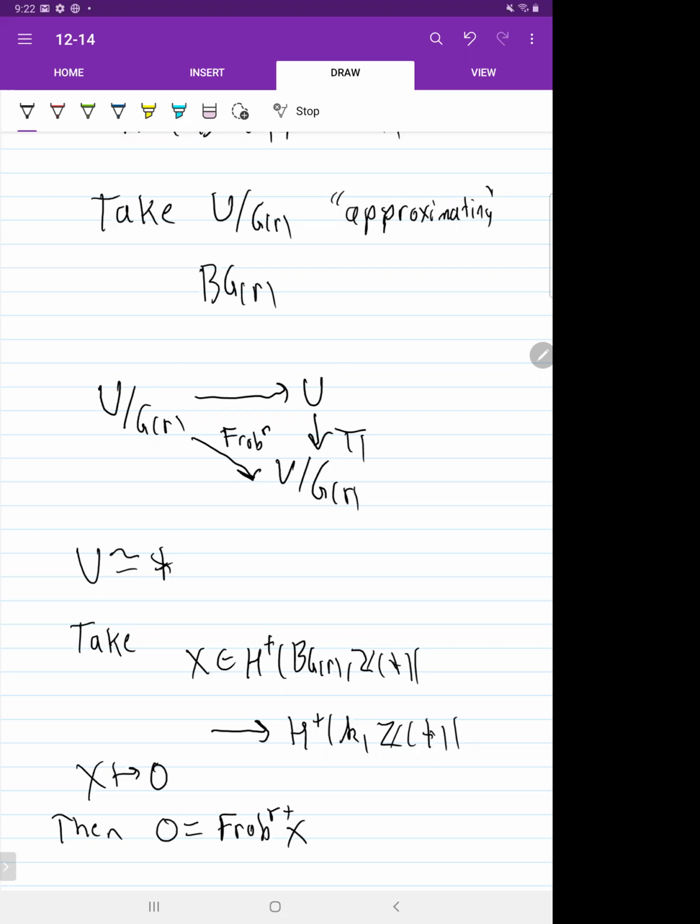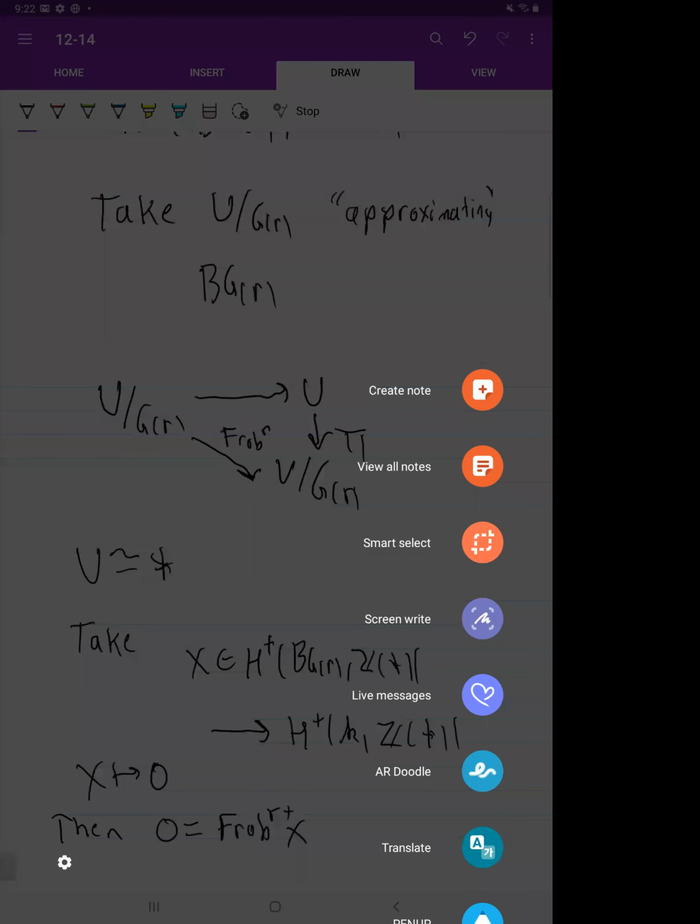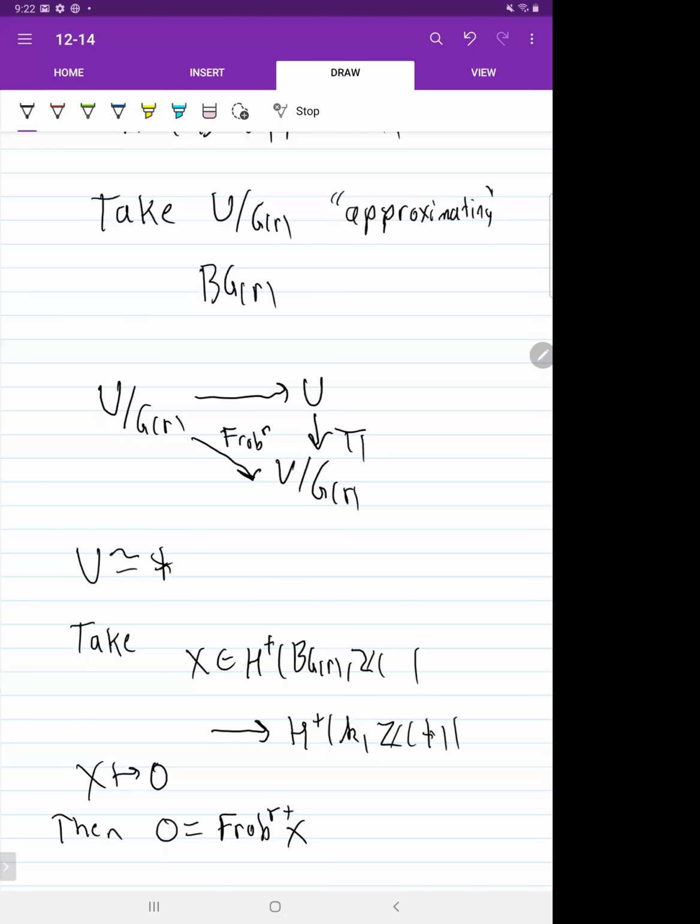But it's known what the Frobenius does on motivic cohomology in terms of weight. So I'll put a weight in here, I'll call it j. So on weight j motivic cohomology, the Frobenius just acts by p^j.